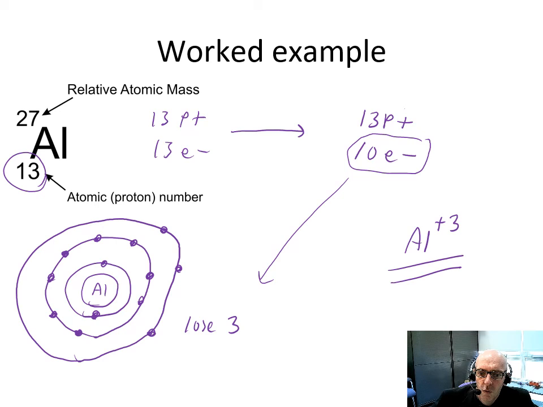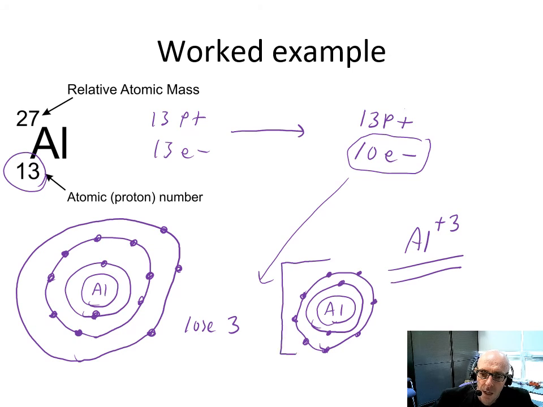I should really have gone Al 1, 2. Then it's still got its 8 in this shell. 4, 5, 6, 7, 8. It's lost the 3 on the other shell, and then around that a square bracket, and I just show that it's a +3.